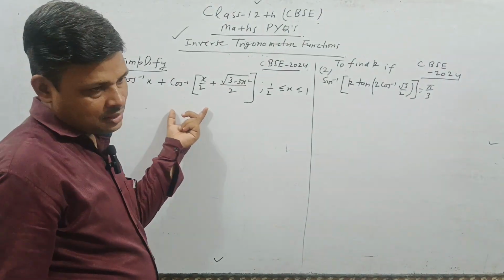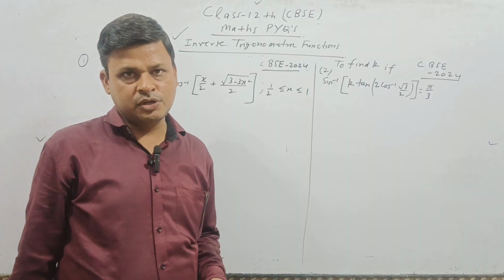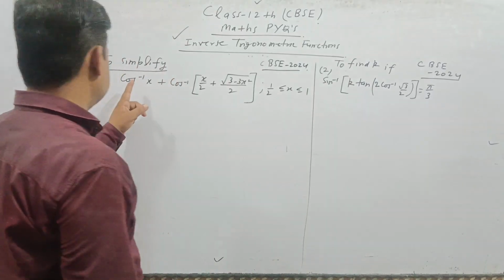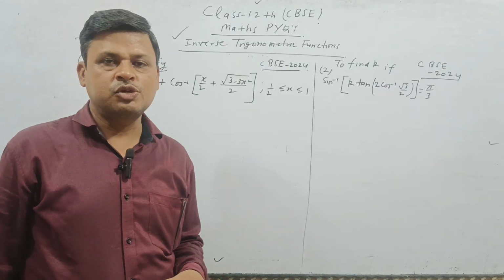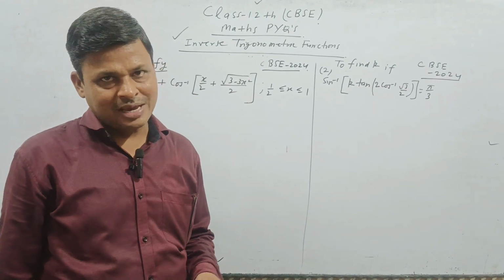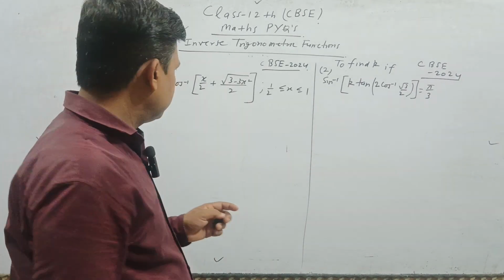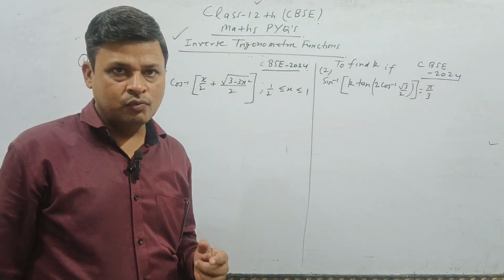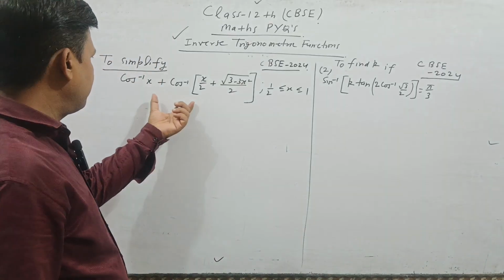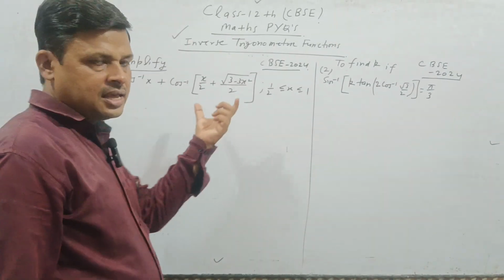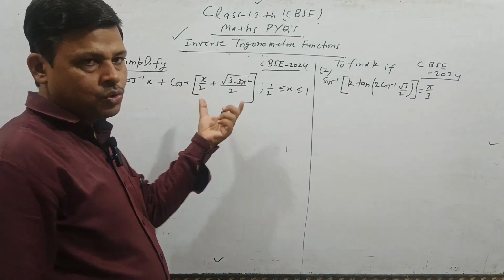For simplifying, always remember that if you do the trigonometrical substitution, because here we have inverse trigonometrical functions, in place of x, then you can easily simplify these types of problems. But here we have to think what we have to put in place of x that turns this term into a formula.